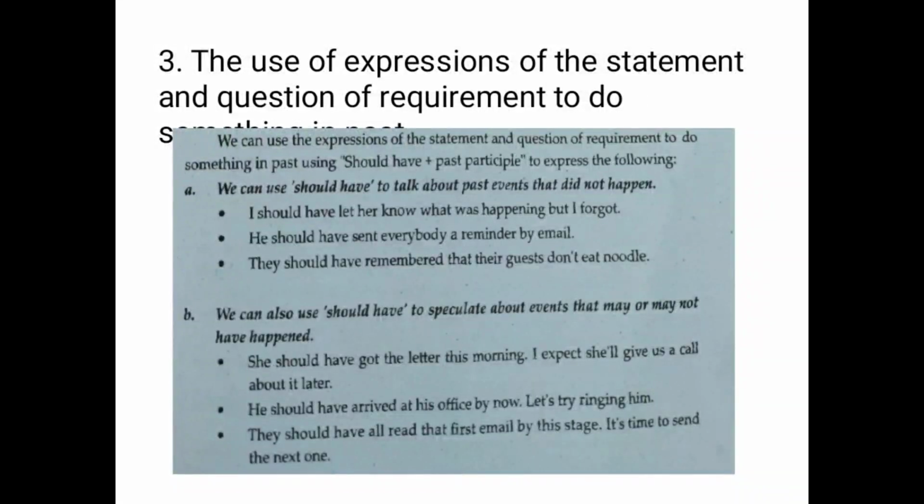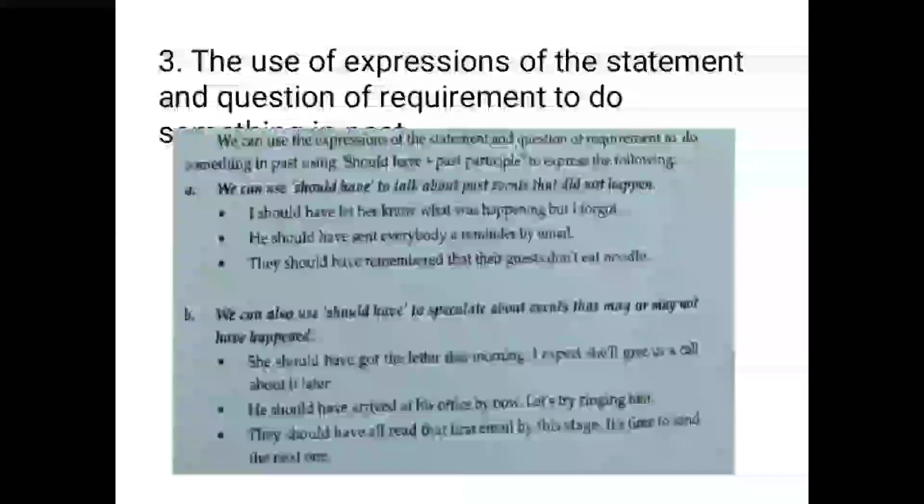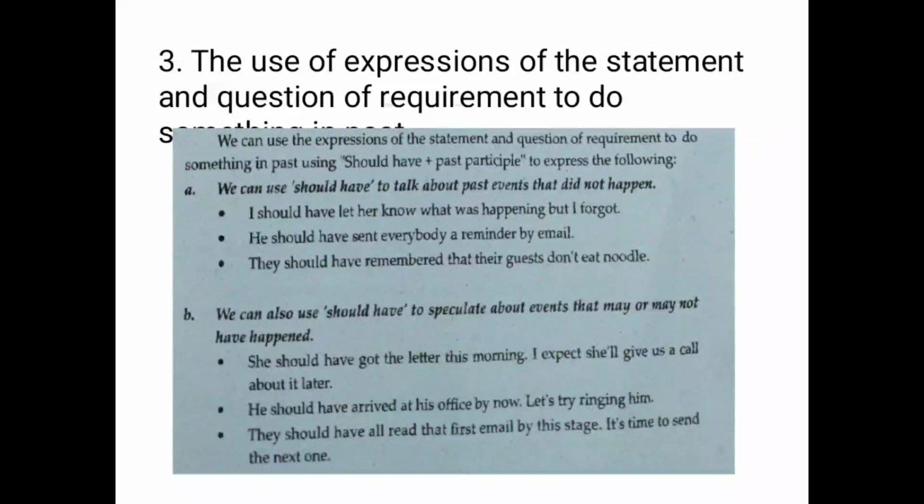A. We can use should have to talk about past events that did not happen. I should have let her know what was happening, but I forgot. He shouldn't have sent everybody a reminder by email. They should have remembered that their guests don't eat noodles.